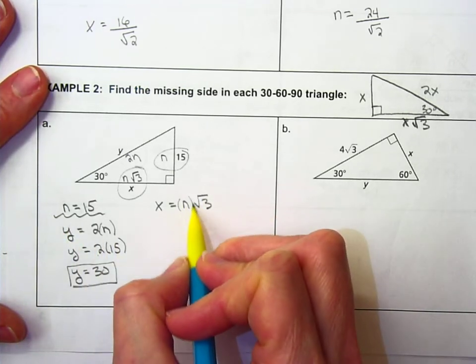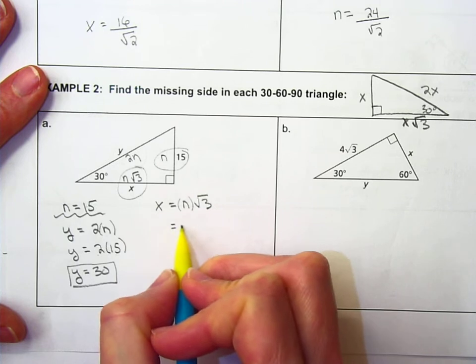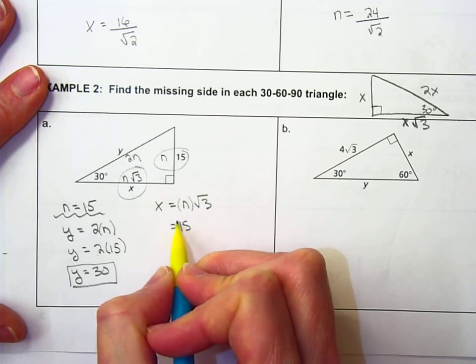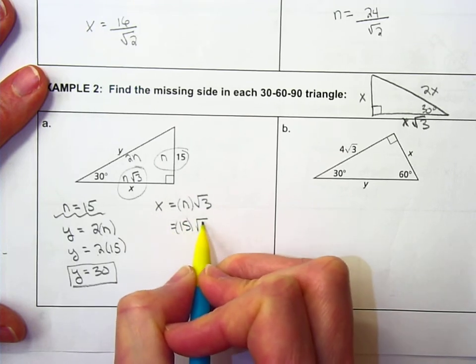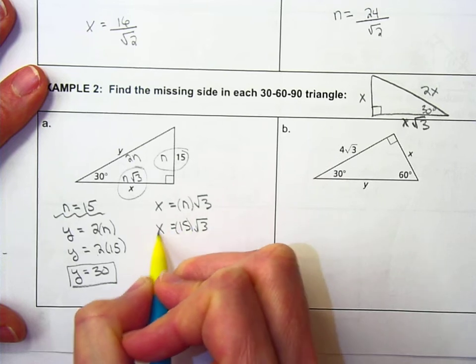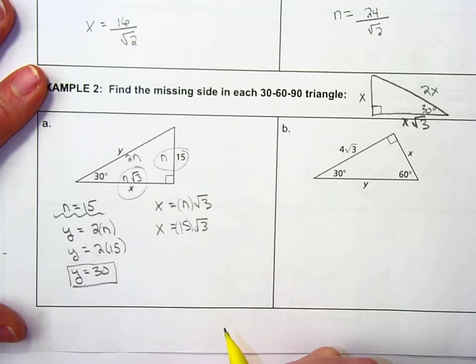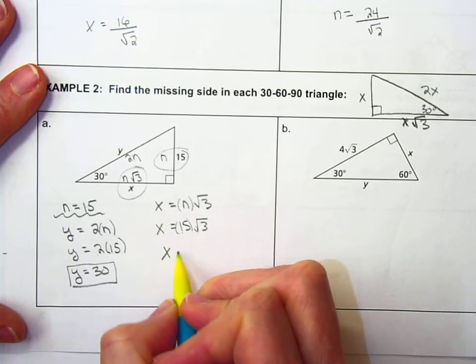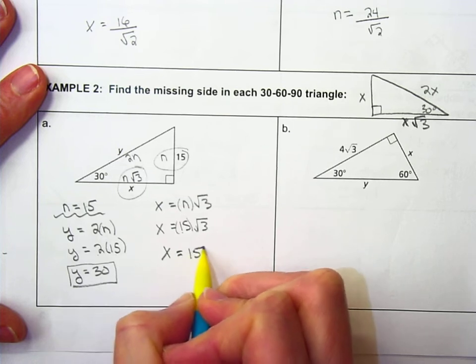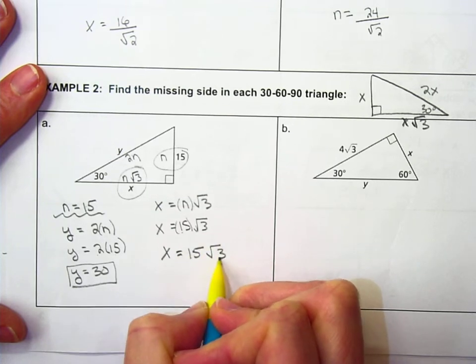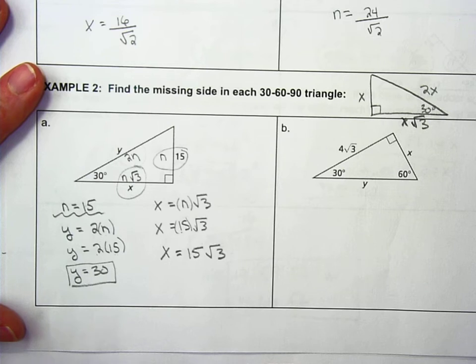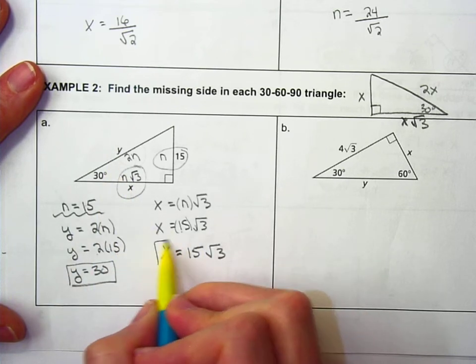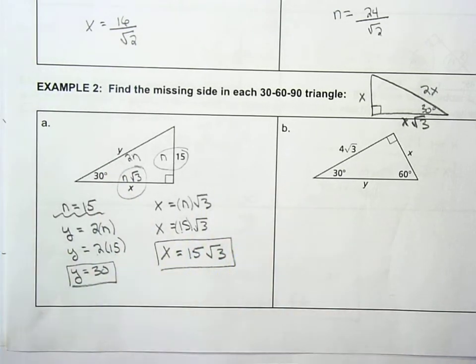So in here, I want to substitute 15 for n. So what I have is 15 times the square root of 3. I don't really need the parentheses on this one, so I'm just going to write it like that. So I found x and I found y. Make sense?